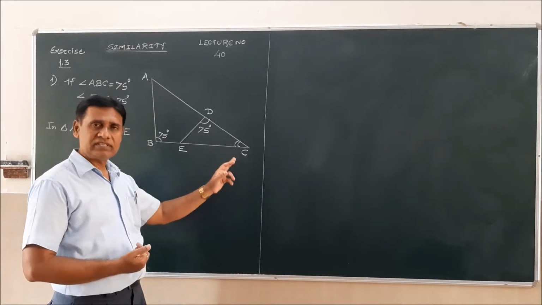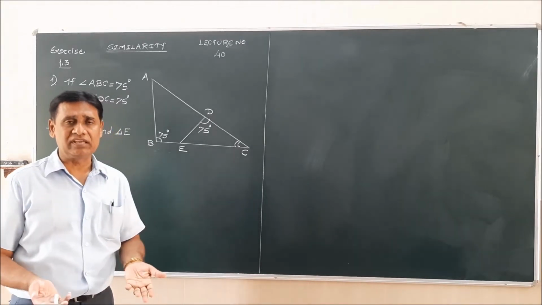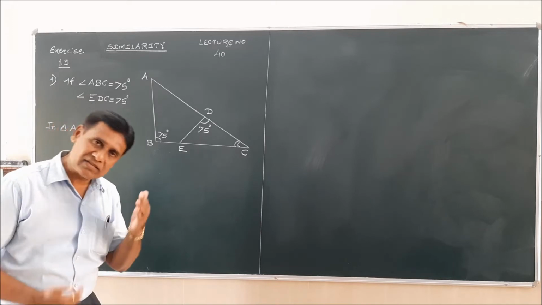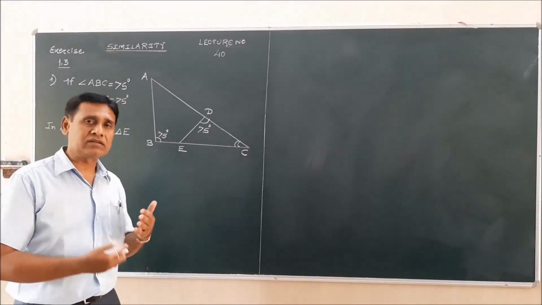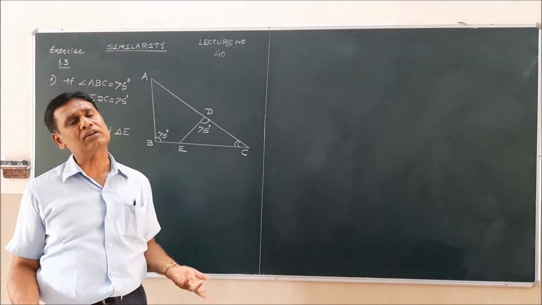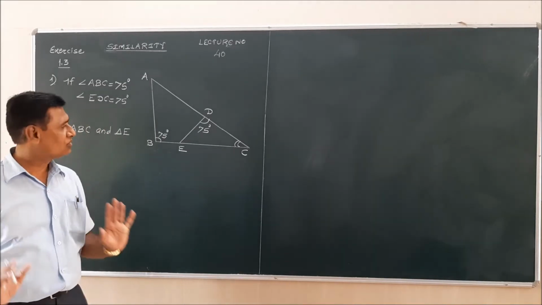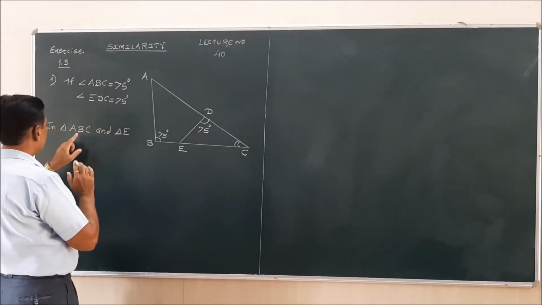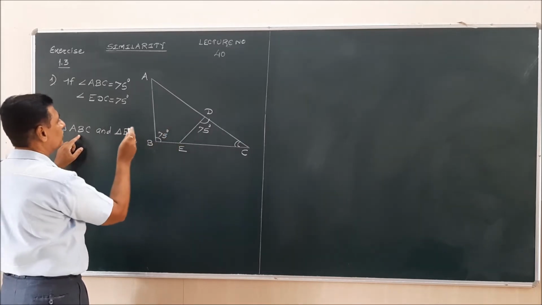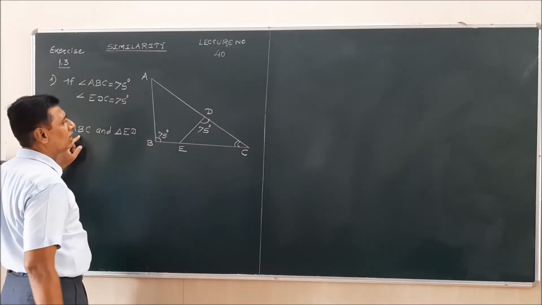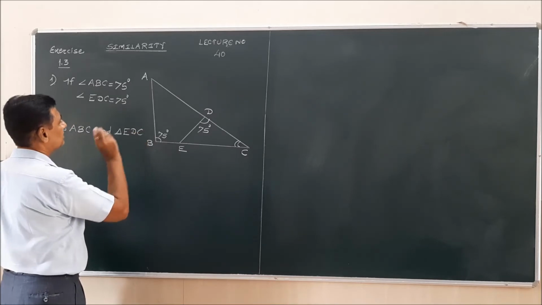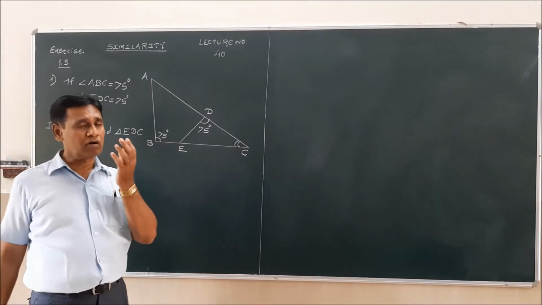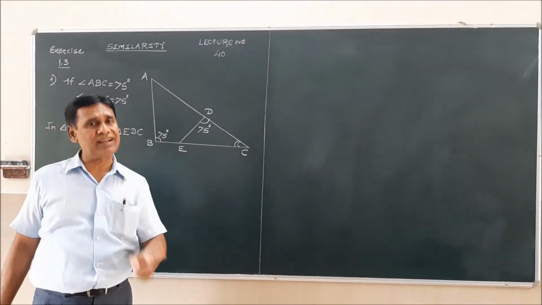C is congruent with C. Naturally, if two angles of one triangle are respectively congruent with two angles of another triangle, the third pair is automatically going to become congruent. So here E, the third pair is E. B is congruent with D, and third is C.